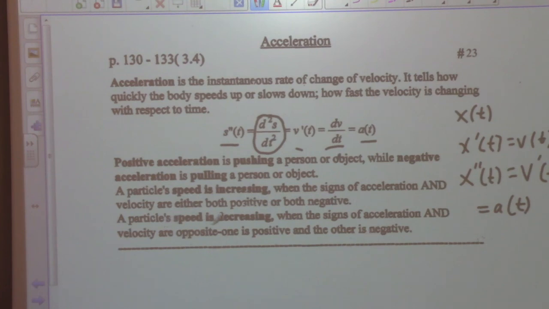A particle's speed is decreasing when the signs of acceleration and velocity are opposite: one is positive and the other negative. Anyway, we're going to get into examples of that.